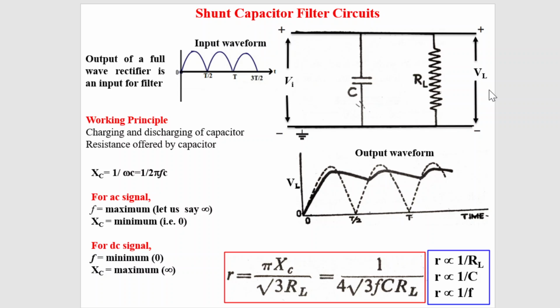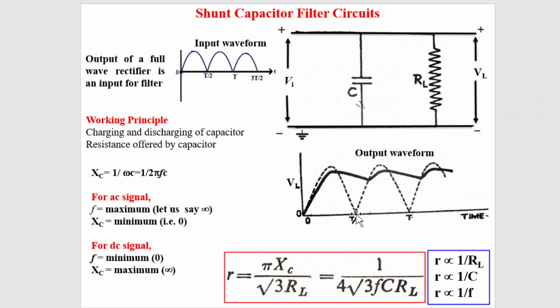And how will it try to maintain it? Because the input signal is decreasing and reaching 0, this capacitor, which was fully charged, will try to discharge through the resistor, and it will give a constant current across the load resistance. So this was charging, and when the input signal is decreasing, the capacitor is discharging.